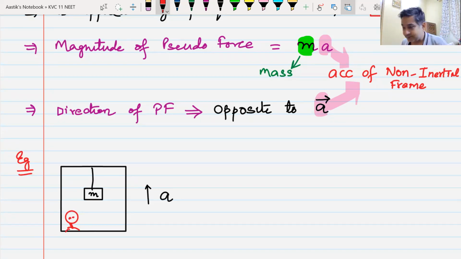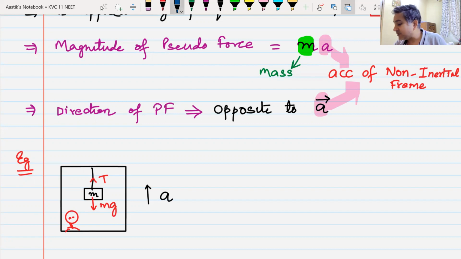Now, if I draw the free body diagram of this block, one would be T, the real force. One would be mg, the real force. But now since I am in an accelerated frame, I will have to apply one more imaginary force.